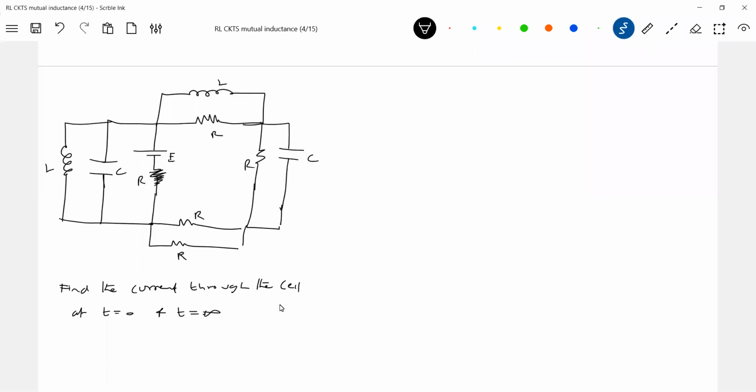So straight away at t equals 0, wherever an inductor is there, open circuit; wherever a capacitor is there, short circuit. So here we have the inductor, open circuit, capacitor, short circuit.